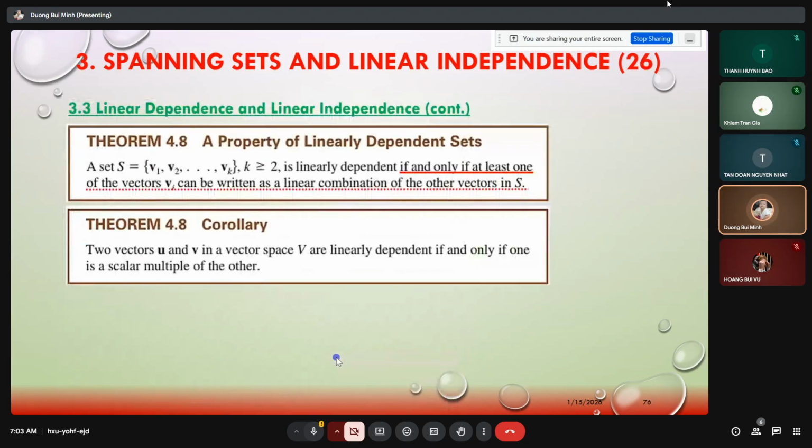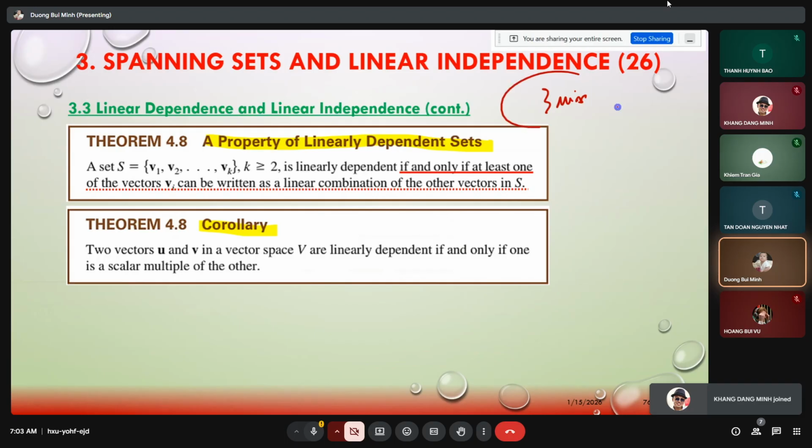So we have the properties of a linearly dependent set, and we have a corollary. Take two or three minutes to try to understand it. Very important. Easy, right?